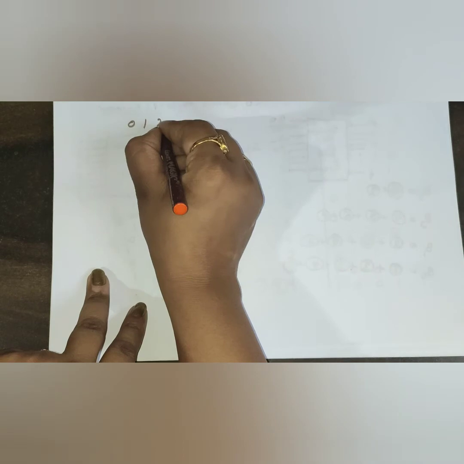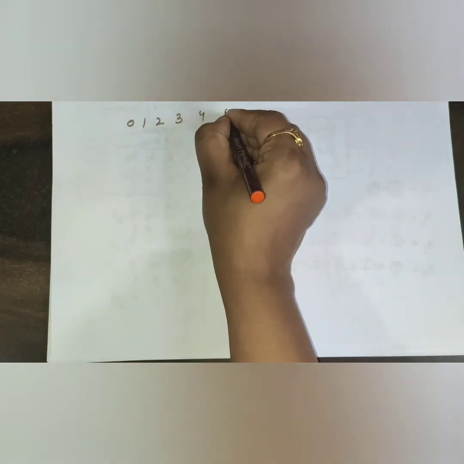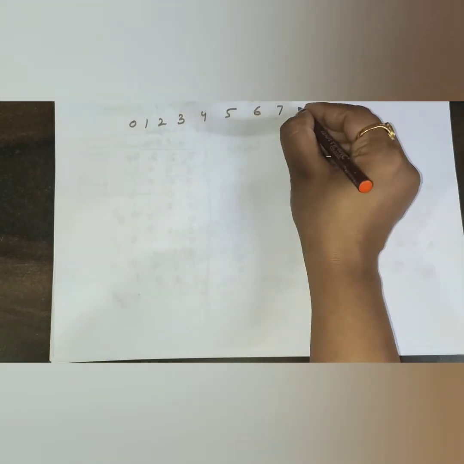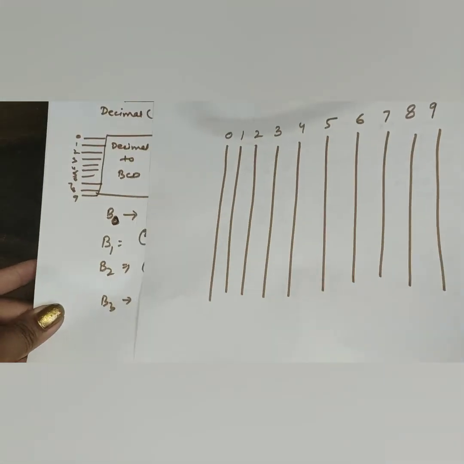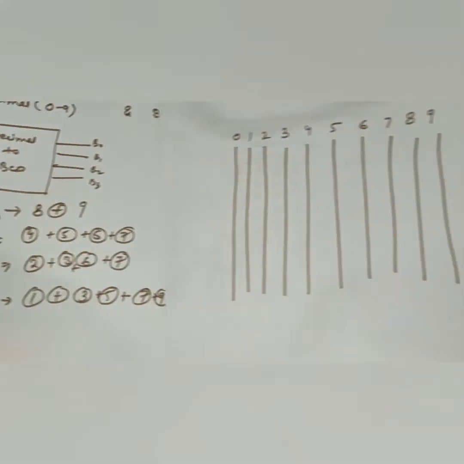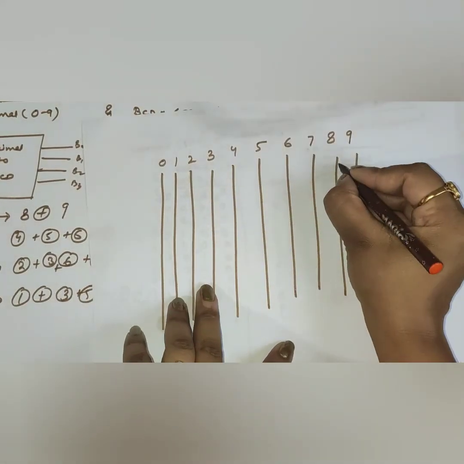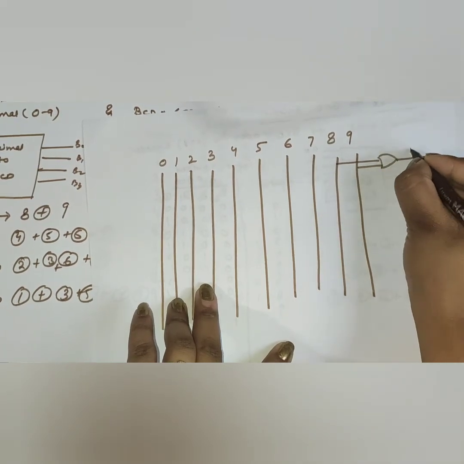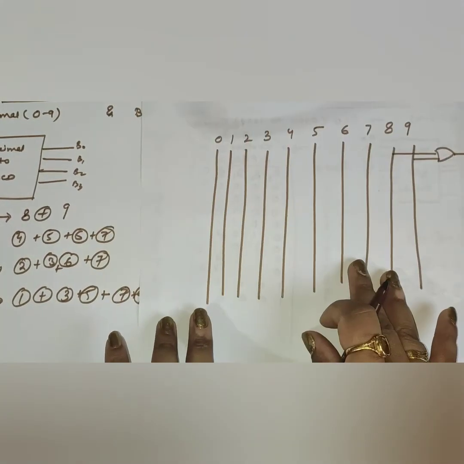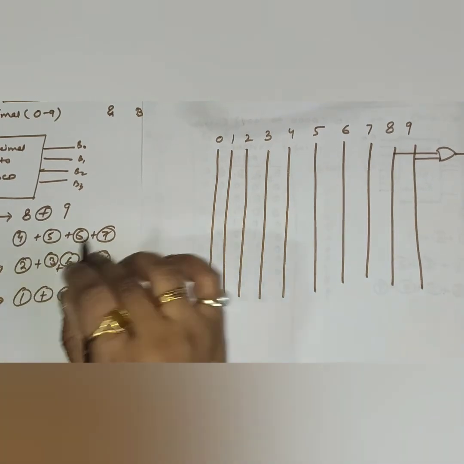Now we will make a circuit diagram for this, like 0, 1, 2, 3, 4, 5, 6, 7, 8, 9. So we will make this like this. Now B naught will be 8 and 9. So 8 and 9 ORing, that will be B naught. Now B1 will be 4, 5, 6, 7.